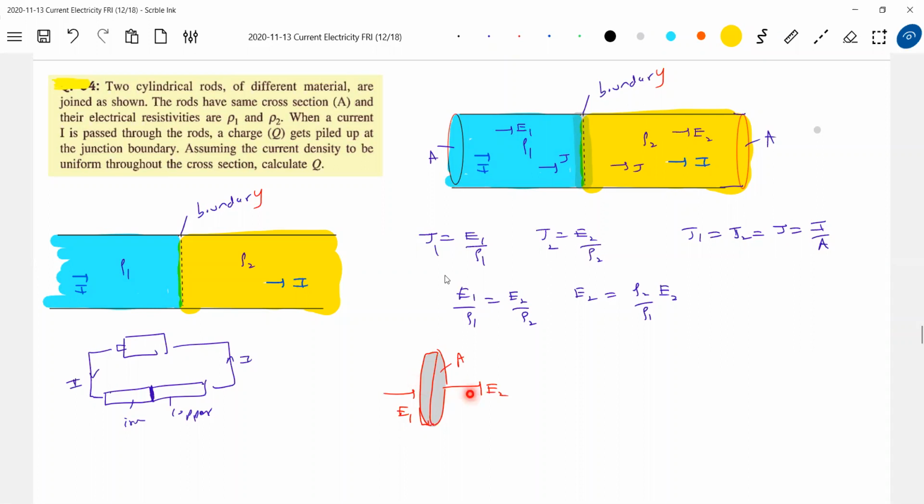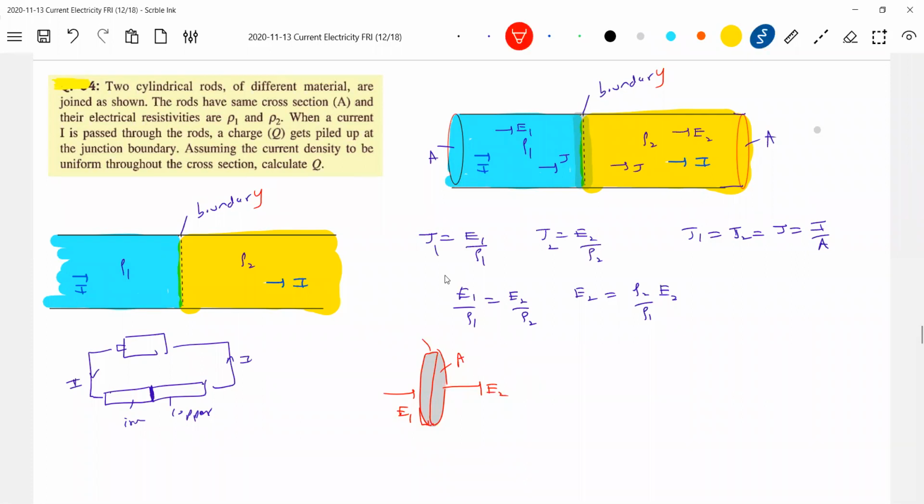There are two surfaces, surface 1 and surface 2. Ten lines will enter, ten lines will leave, net flux is 0. But here E1, E2 are different and A is the same. So the flux linking the left surface and right surface are different. So what is the net flux through the surface, or the strip, or you can call it the disk, whatever you want.